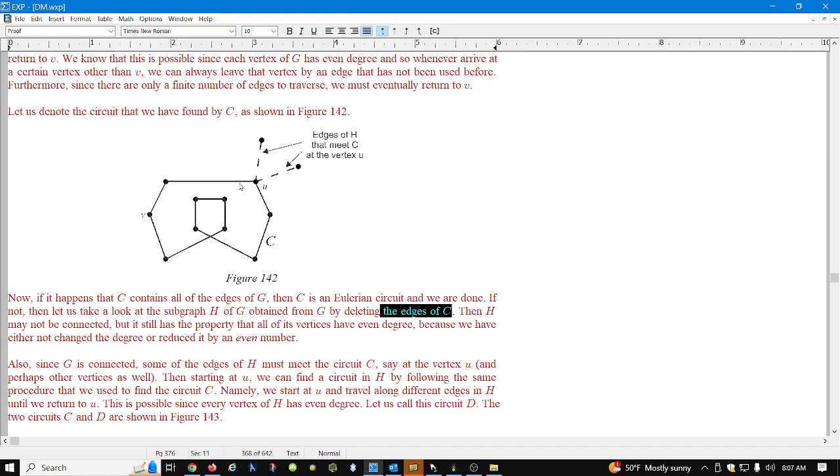We don't have these edges anymore, and we set out to find another circuit. Same principle applies. We have a graph, not necessarily connected anymore, but that doesn't matter. We have a graph in which every vertex has even degree. So if we start out from U, eventually we will have to come back to U.